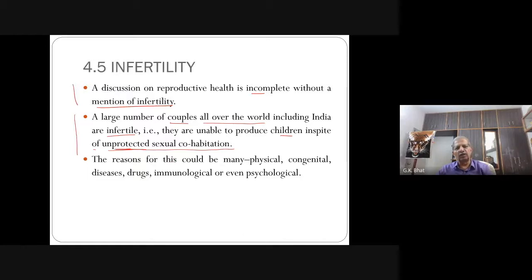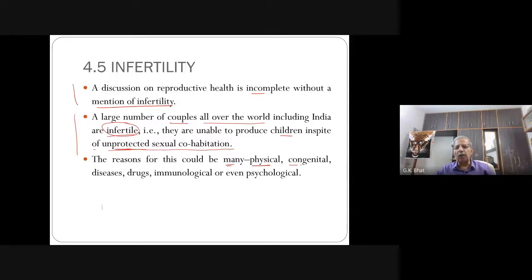Now the question is, why does that couple remain infertile? The reasons for this infertility could be many. Physical, that is some problem with the genital organ.